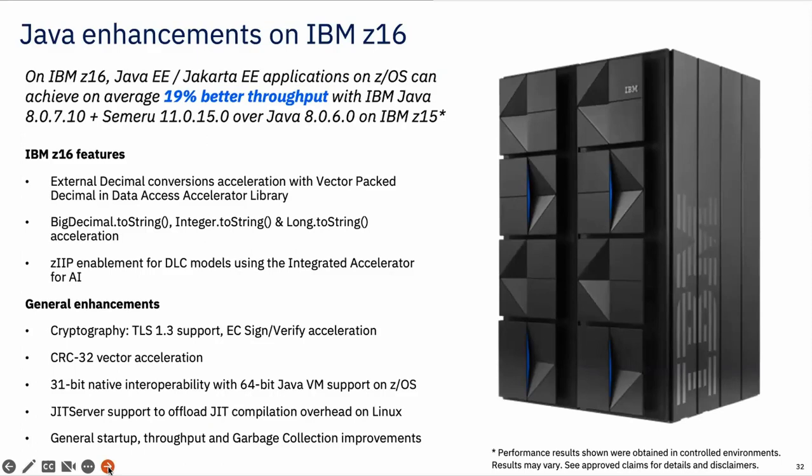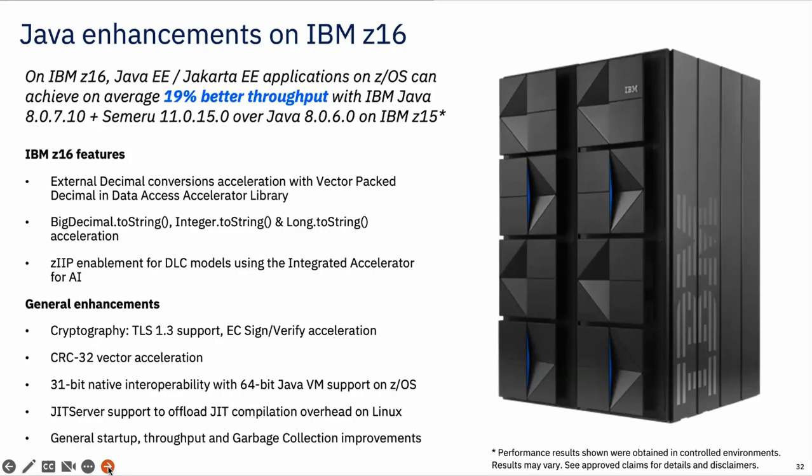We have recently, on the launch of IBM z16, proven that our benchmark Java Jakarta EE applications on z/OS achieve an average throughput improvement of 19% using the latest release compared to a release that was on z15. So we continue to make performance improvements in partnership with the hardware and firmware and other teams at IBM to produce the best performance.